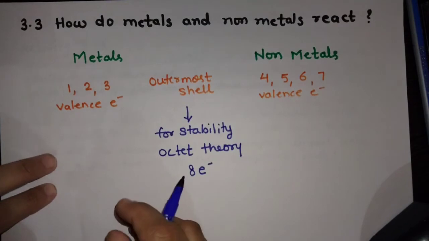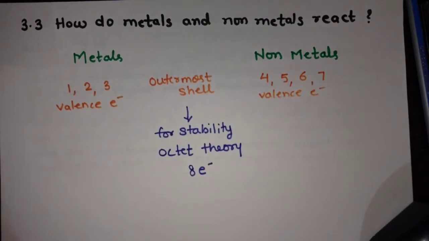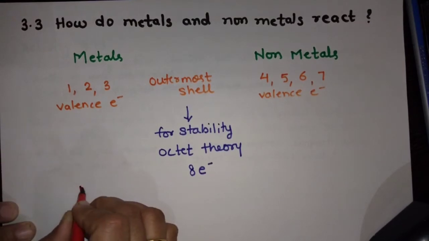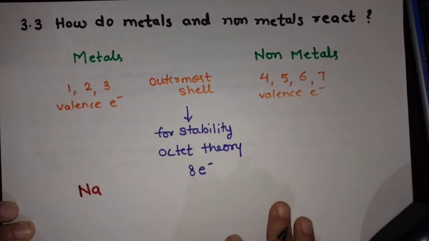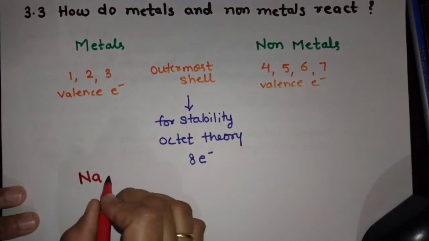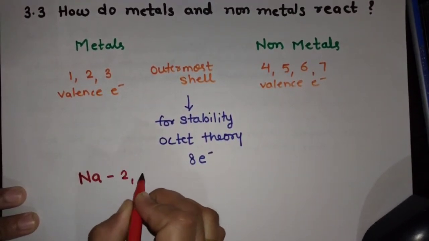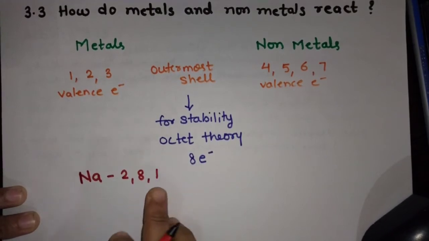Now let us see an example, the case of sodium. The outermost electronic configuration of sodium is 2, 8, 1, so the outermost electron is 1.